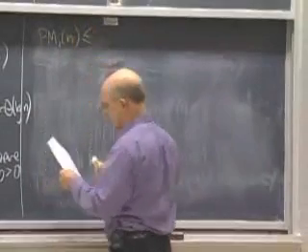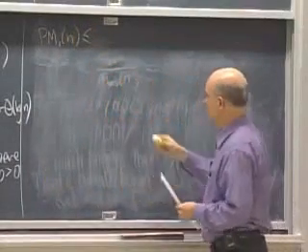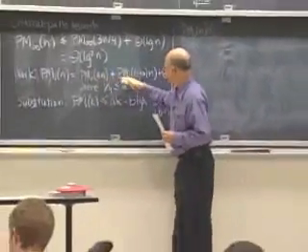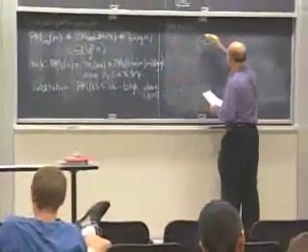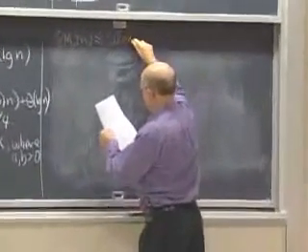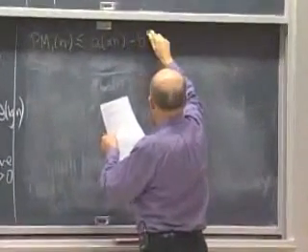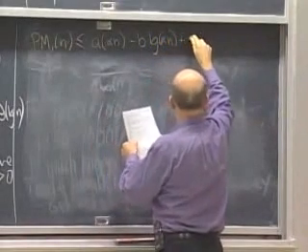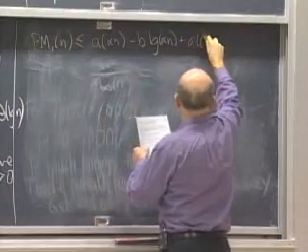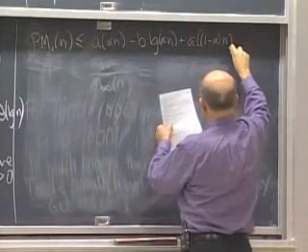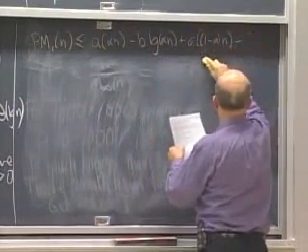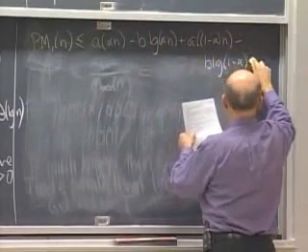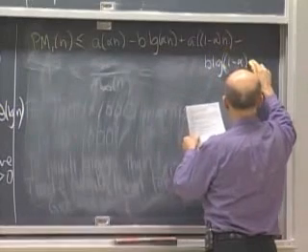Okay, so if Pm1 of n is less than or equal to, okay, substitute this inductive hypothesis in for these two guys. So we get A alpha n minus B log of alpha n plus A of 1 minus alpha n minus B log of 1 minus alpha n.